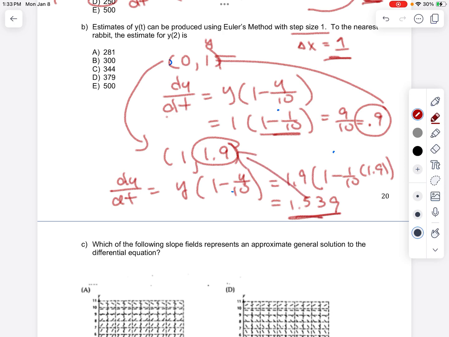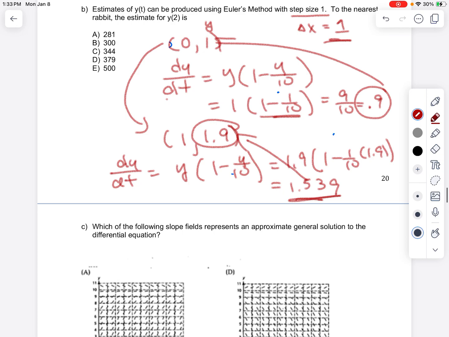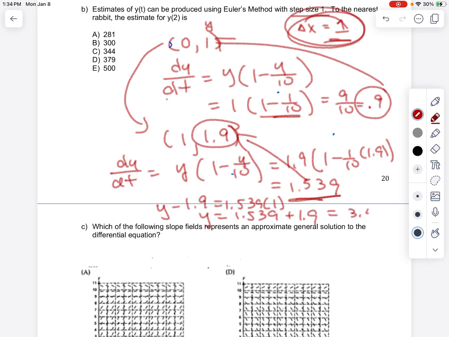You can just add it to here. Or if you want to write it as an equation of a tangent line like we've done in class sometimes, you can do that. So y minus 1.9 equals the slope times (x minus the previous x), that's your delta x, which is 1. And then all you're doing is doing this. And this ends up being 3.44. Answer, it's 100, so it's 344.